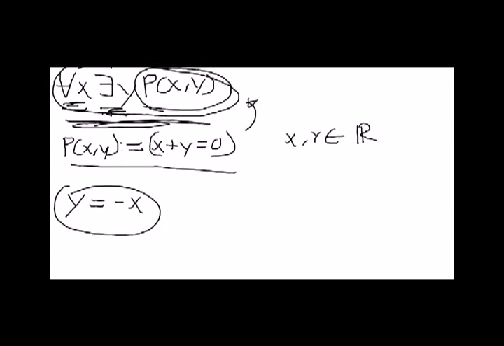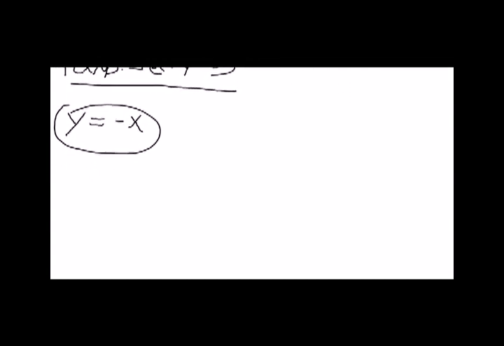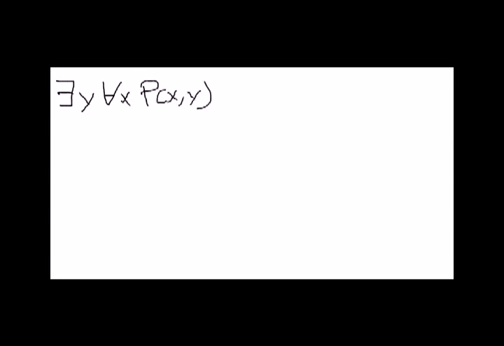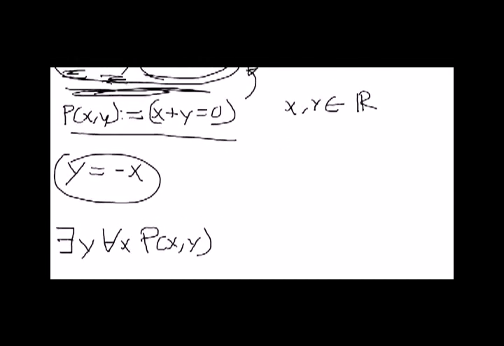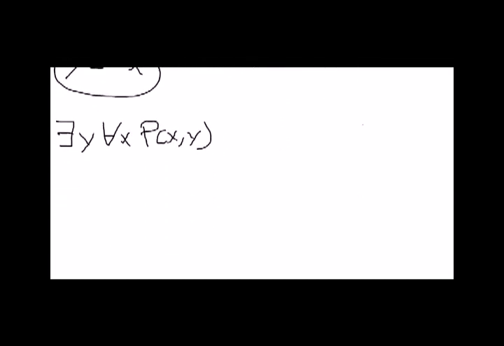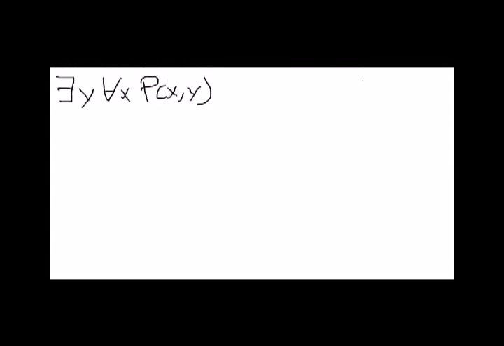Now, consider the same predicate, but with different quantifiers. Instead of universal x, existential y, we're going to flip that. So now it's existential y, universal x, p of x, y, where p of x, y is the same predicate that we defined earlier.